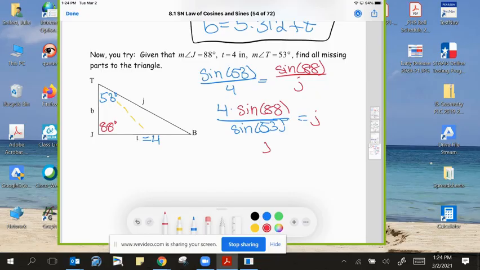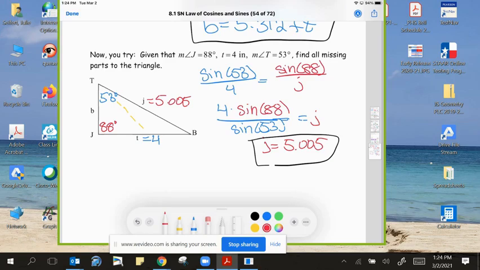So side j is 5.005. Now, that's a rounded value. Okay, that is a rounded value. So I'm going to try not to have to use it again in another formula or another situation.